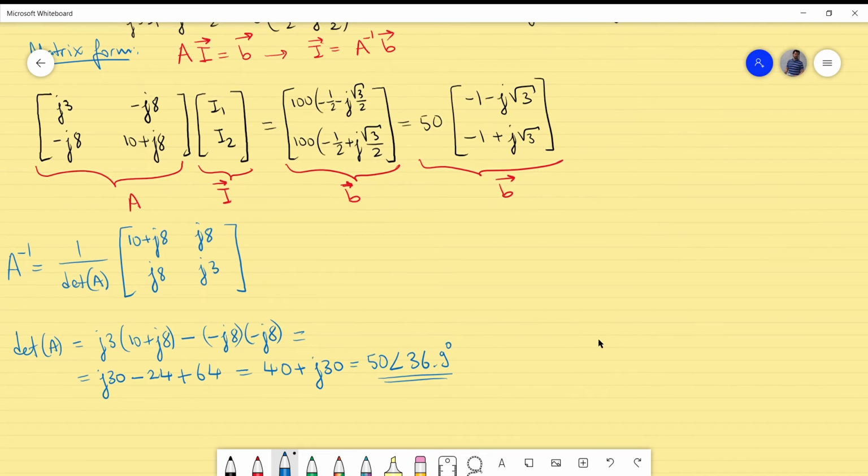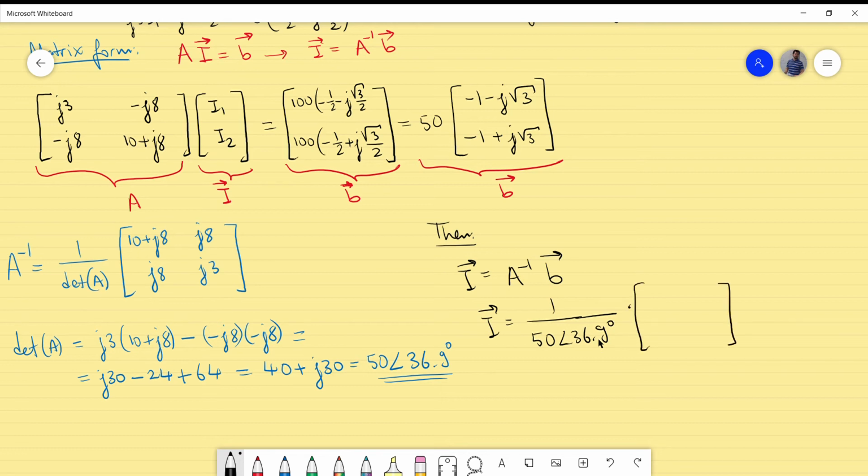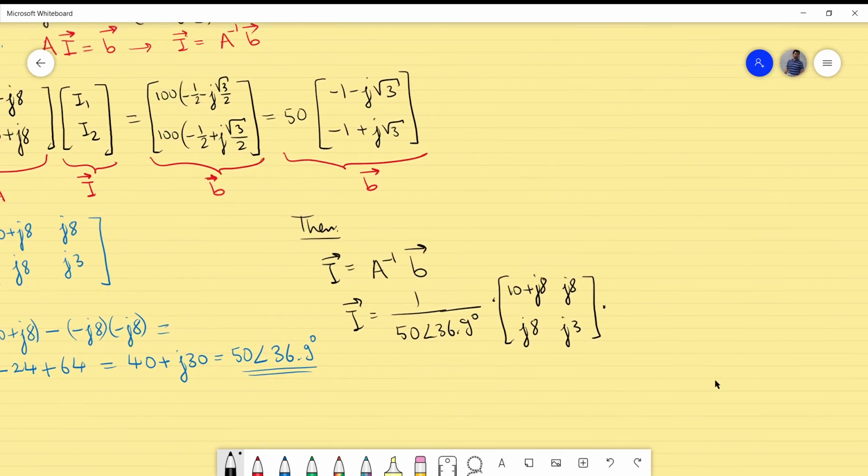So we can say the following then, let me write it down: I is equal to A inverse times B, which is I is equal to 1 over 50 with a phase of 36.9 degrees times the term we have determined, which is 10 plus J8, and then J8 for the second one, then J8 and J3 times vector B, which is 50 times this vector: minus 1 minus j square root of 3, again minus 1 plus this time j square root of 3.